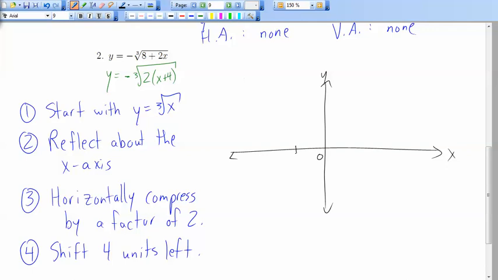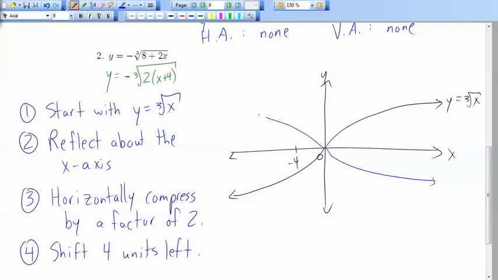I guess -4 might be an interesting value to put on our scaling. So we'll start with our basic cube root function. If you look back at the graph prototypes that we just drew on the last page, since 3 is an odd number, that's what our prototype looks like. Next, we're going to reflect it about the x-axis. We're going to multiply all the y values by -1, change their sign. Okay. Next, we're going to compress our graph horizontally by a factor of 2.